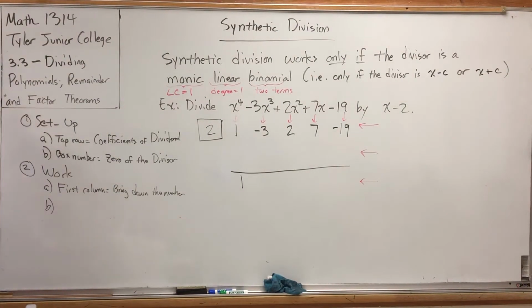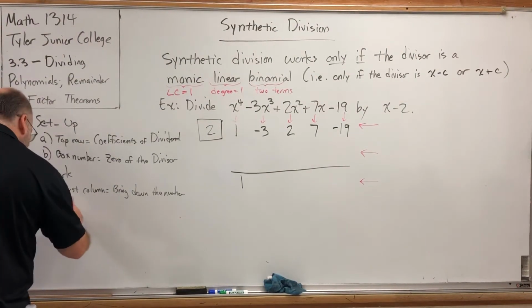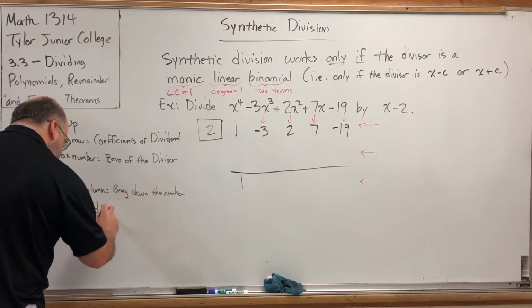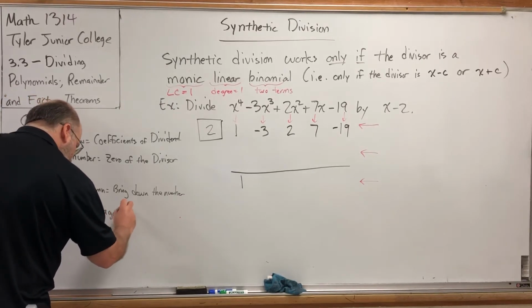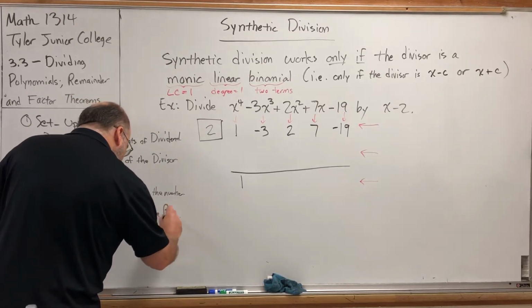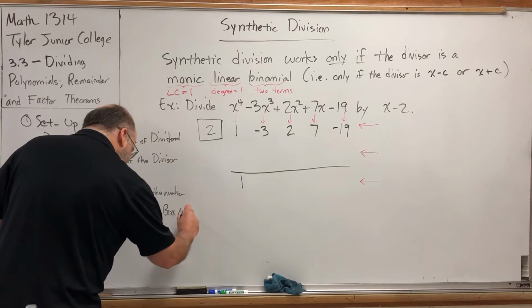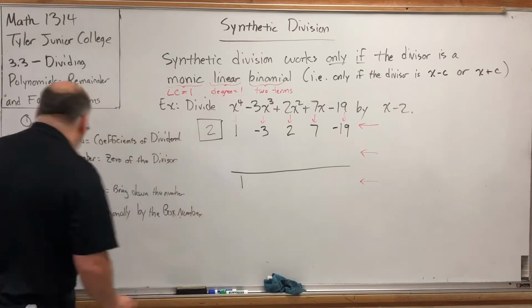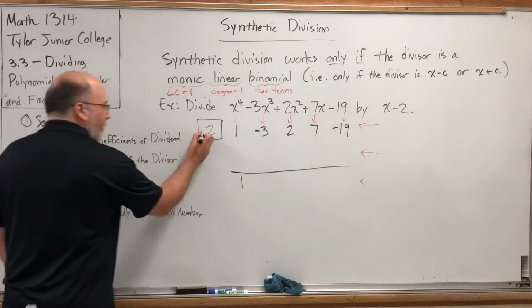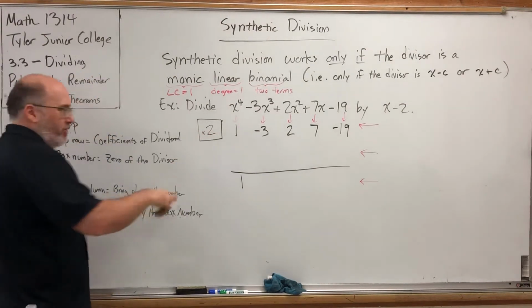Your second step, you multiply diagonally by the box number. The box number is a multiplier. If you want to put a times in front of it to remind you it's a multiplier, that's okay.